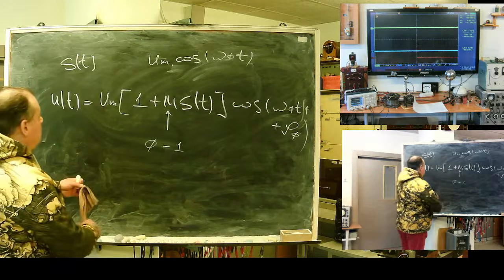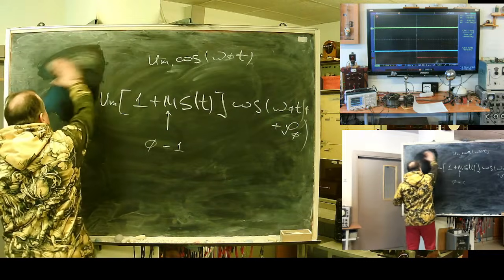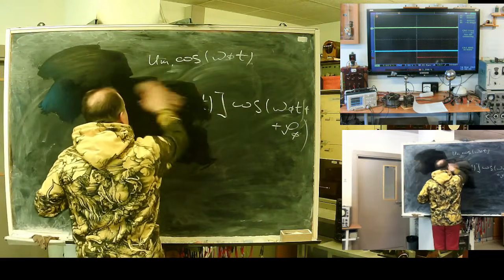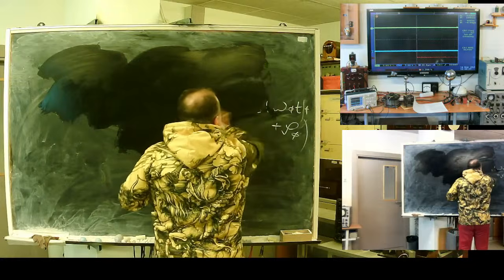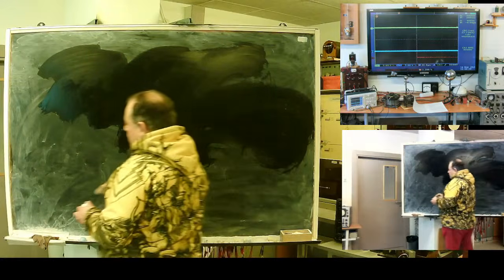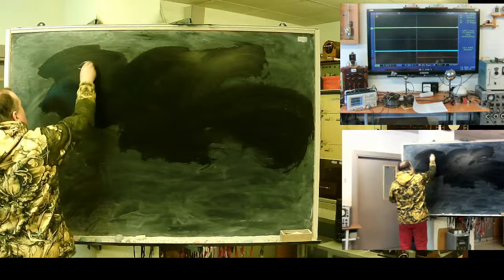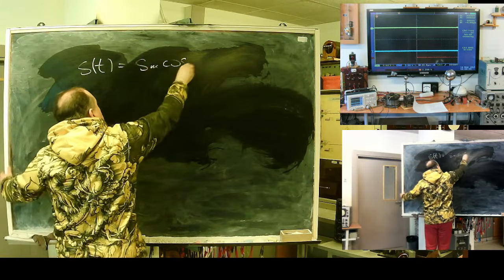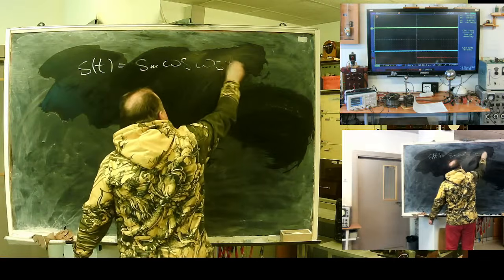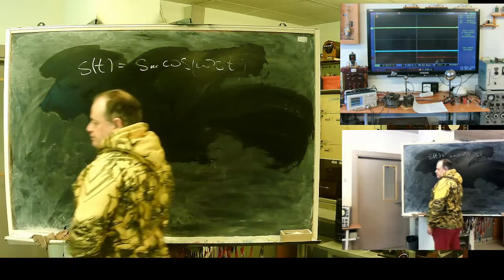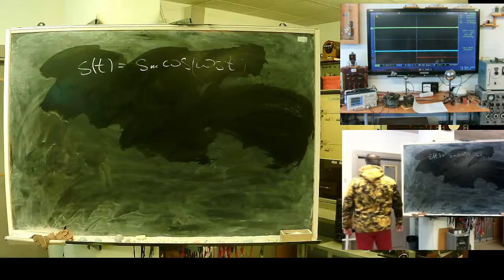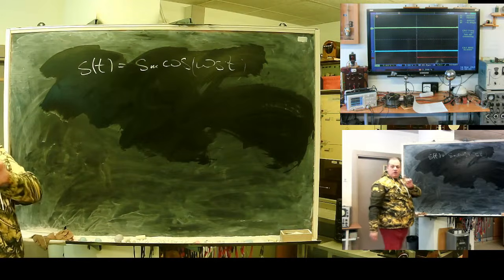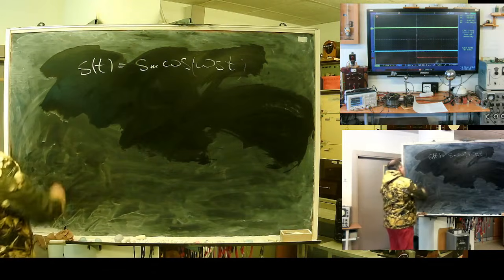Let's start from something very simple. Let's assume that my s is simply cosine omega s t, one harmonic signal, for simplicity.